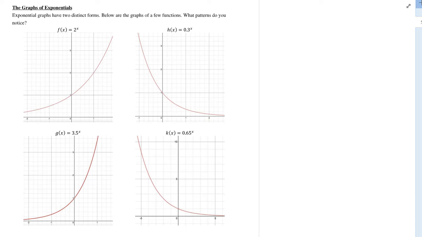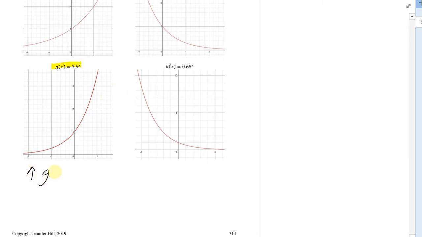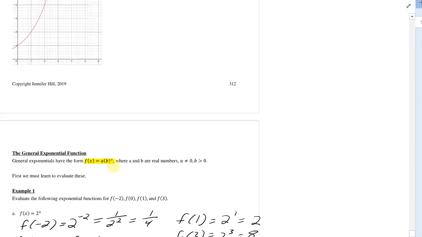So what you'll notice here, these two, these are both greater than 1. So this is the graph shape. So we'll say, maybe we'll be just a little bit more precise. So if you have this a times b to the x, this is kind of the general form of an exponential. If you're wondering where did that come from, that came from all the way back up here.